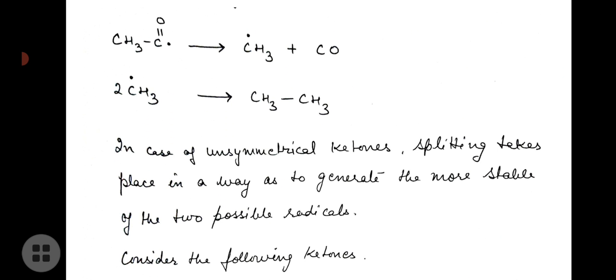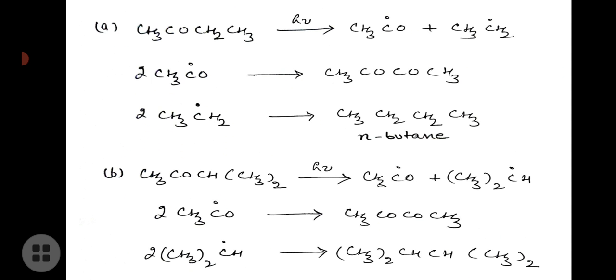Now let us see a few more examples, and this time we'll be discussing the case of unsymmetrical ketones. If we consider unsymmetrical ketones, splitting takes place in a way that the more stable of the two possible radicals is generated.